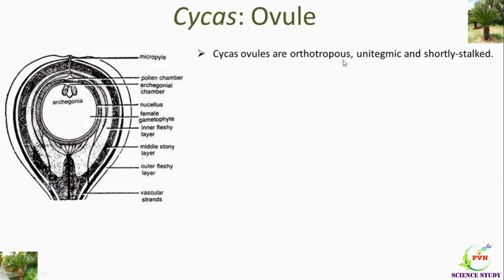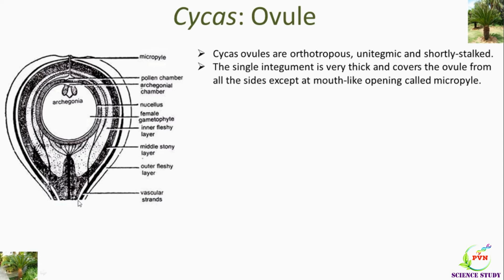It is also described as unitegmic because only one single integument is present. The single integument is very thick and covers the ovule from all sides, as we can see here, except a mouth-like opening called the micropyle.